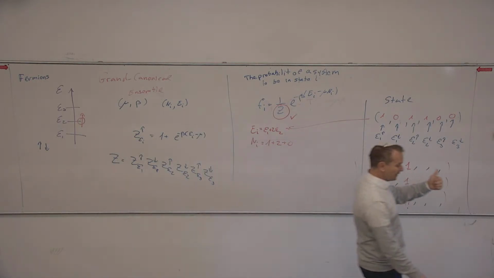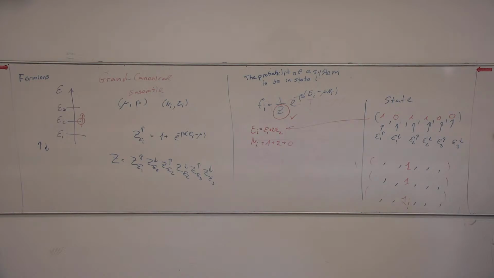Now, this is not enough. Why? Because I have different states that contribute exactly to this occupation probability. This state contributes to the probability that epsilon 2 with spin up is occupied.